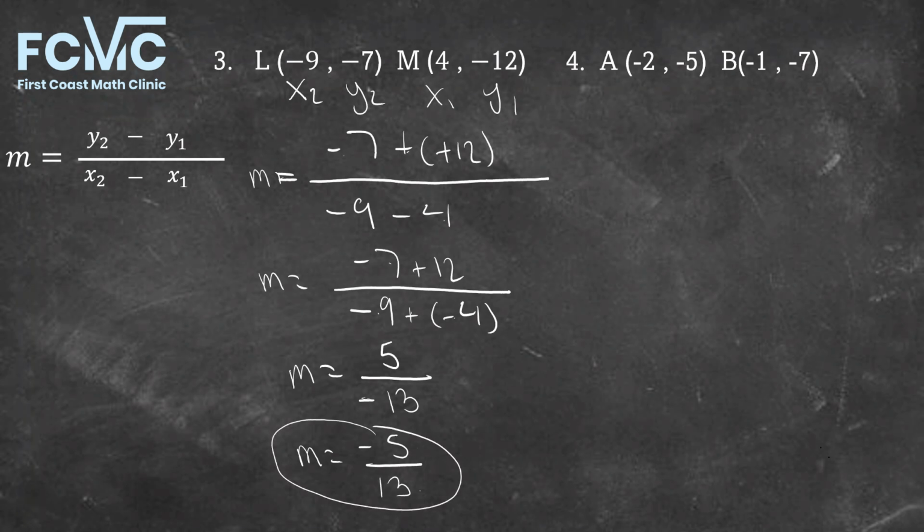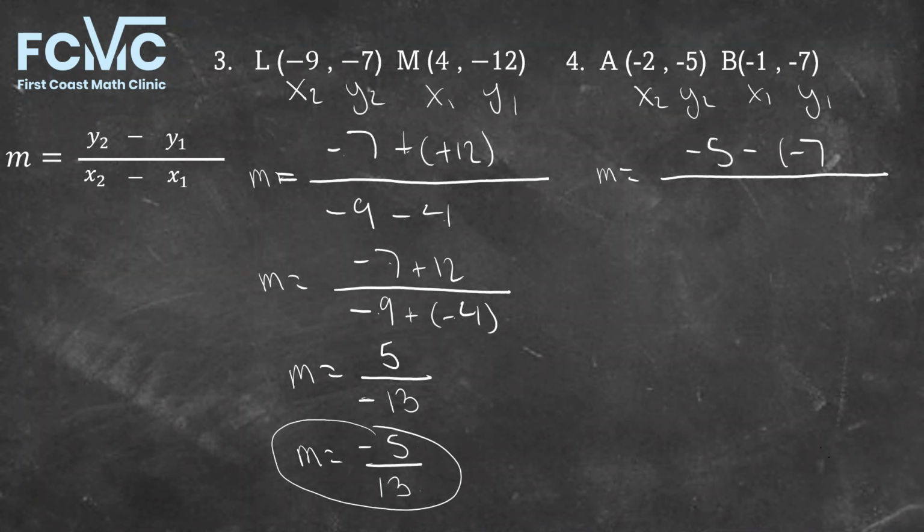And then number 4, do the same thing. I'll make this x2, y2 for A, which is negative 2, negative 5, and x1, y1 for point B, which is negative 1, negative 7. So for our slope, we want the difference in the y's in the numerator, so we'll have negative 5 minus negative 7, and negative 2 minus negative 1.